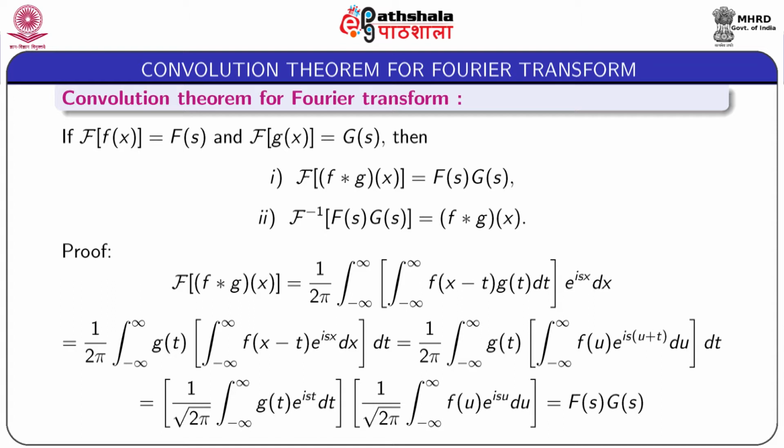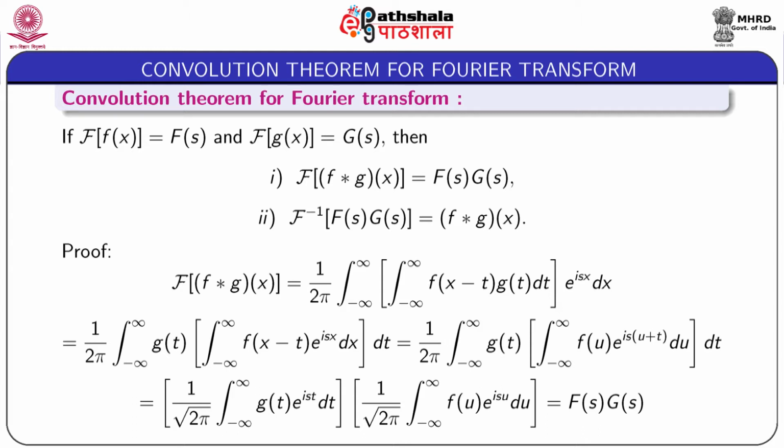That means Fourier transform of convolution of two functions is equal to product of their Fourier transforms. Number 2, inverse Fourier transform of the product of capital F(s) and capital G(s) is equal to the convolution of small f and g.